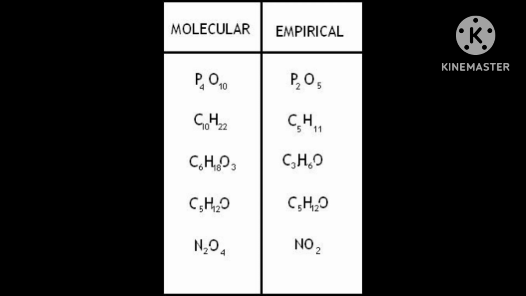In that way, first the element, you will remember quickly. Second will be the percentage of that element, and third will be the atomic mass. Fourth will be the relative number of atoms.